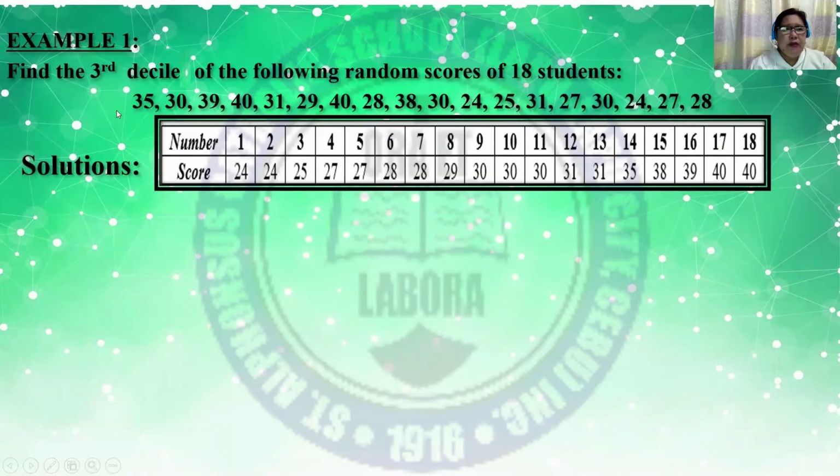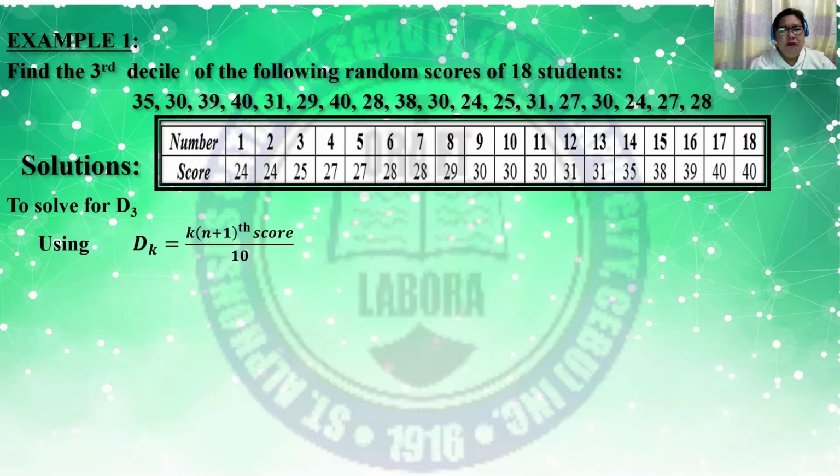So let us have first the solution of the third decile. To solve for the third decile or D3 using the formula, all you have to do is to substitute 3, that means the third decile, times the quantity 18, the number of scores, plus 1, all over 10.